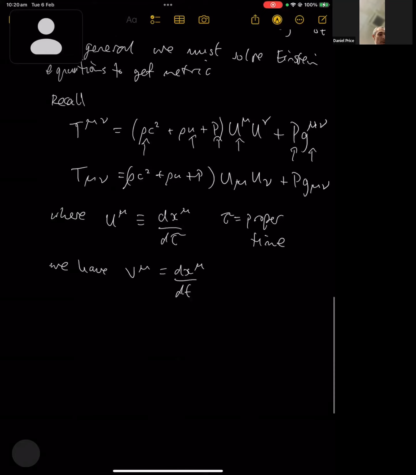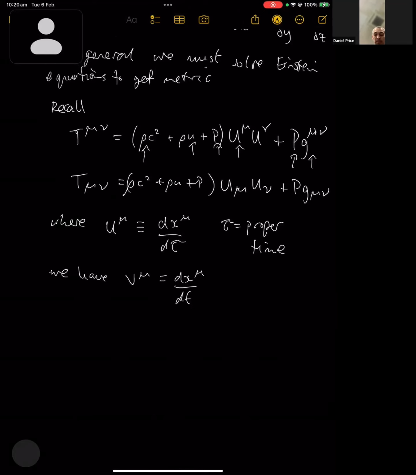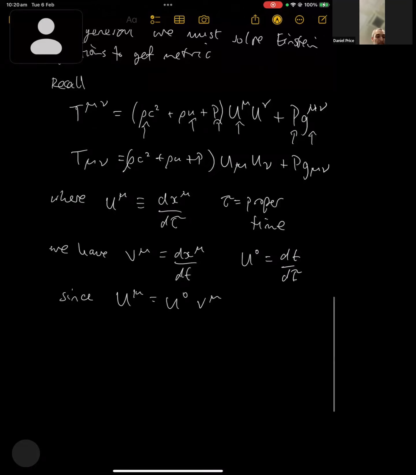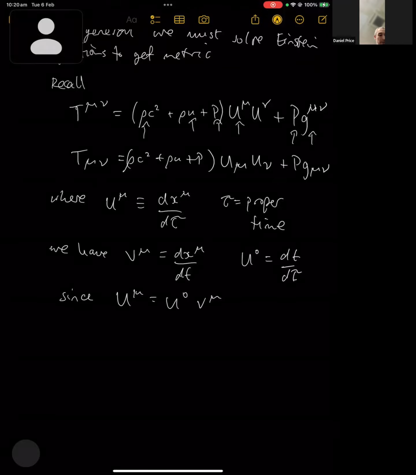Okay, so the velocity that we're talking about and that we move our particles with is this v mu. So obviously, u mu is therefore u naught v mu. What's u naught? So u naught is therefore dt d tau, because the naught component is the time component. Then we have everything we need.